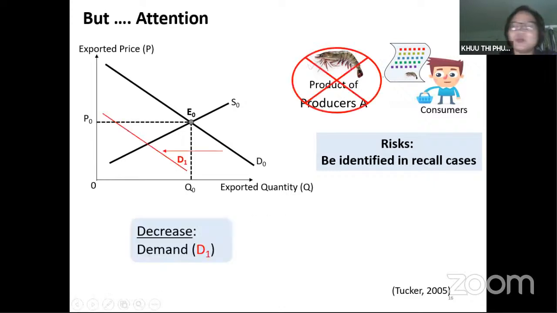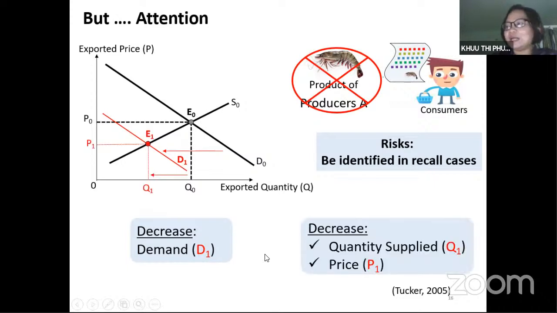Yes. And when consumers recognize you, they will decrease the demand. And we have to decrease the quantity supplied, and we have to decrease the price. This is the risk. But actually, in most cases, when we apply traceability, it means that we have to improve by ourselves to avoid this situation.